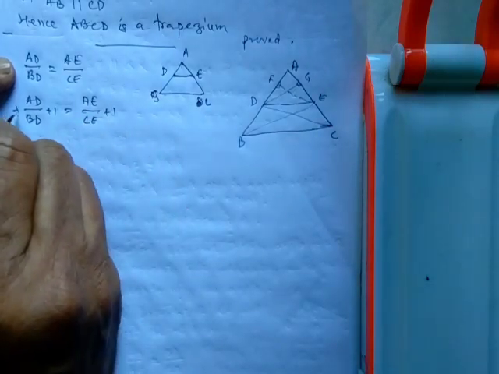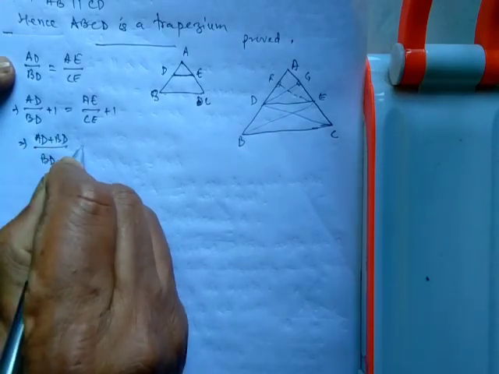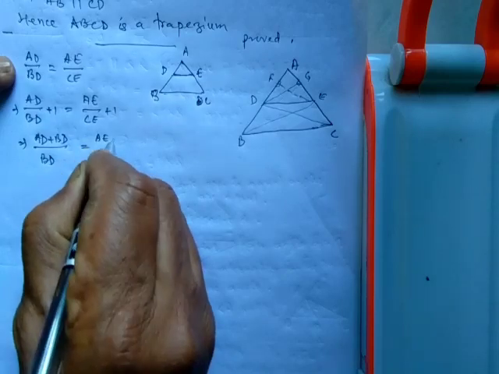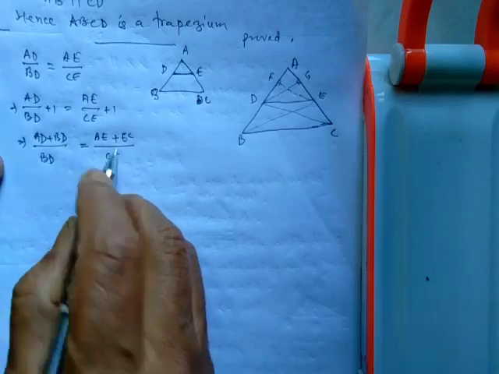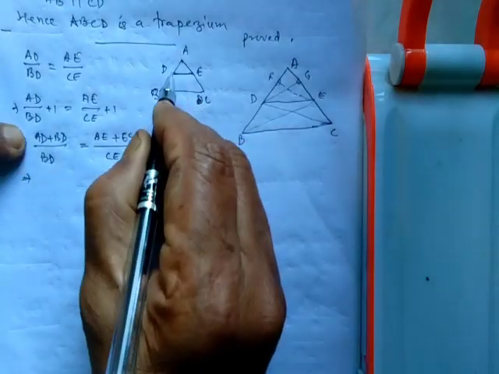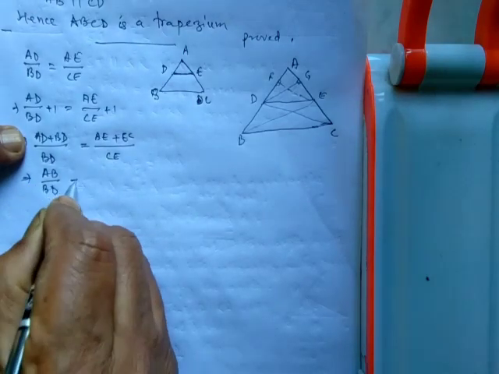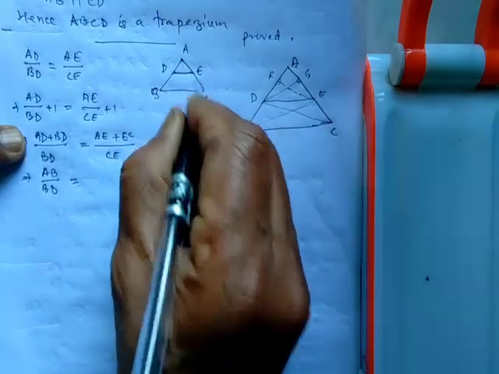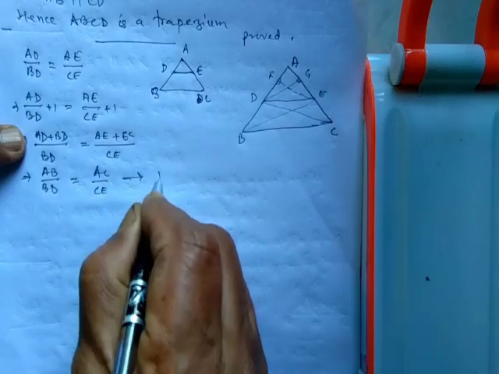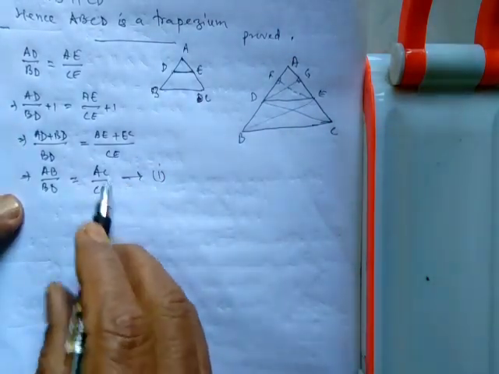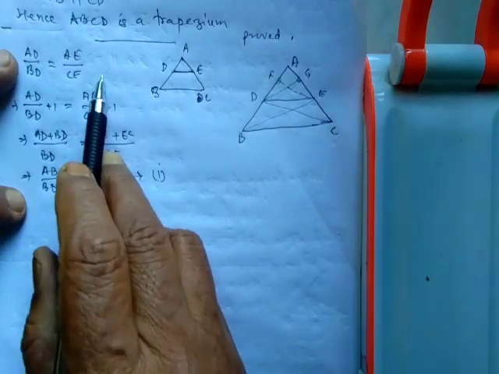Taking LCM, AD plus BD by BD is equal to AE plus EC by CE. That is, AB by BD is equal to AC by CE. This is corollary 1, the property derived from the main theorem.